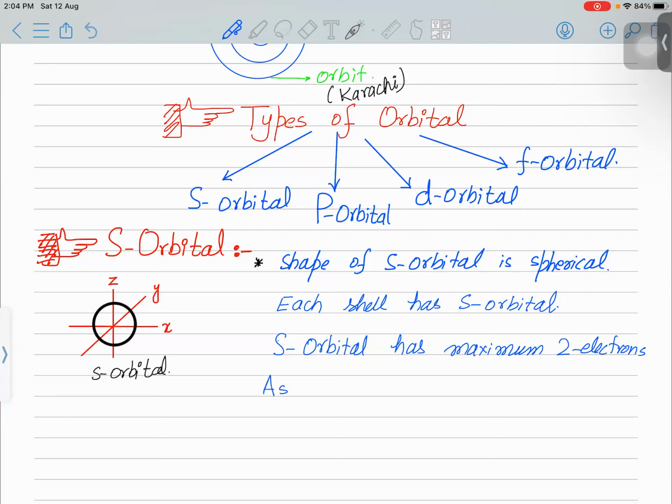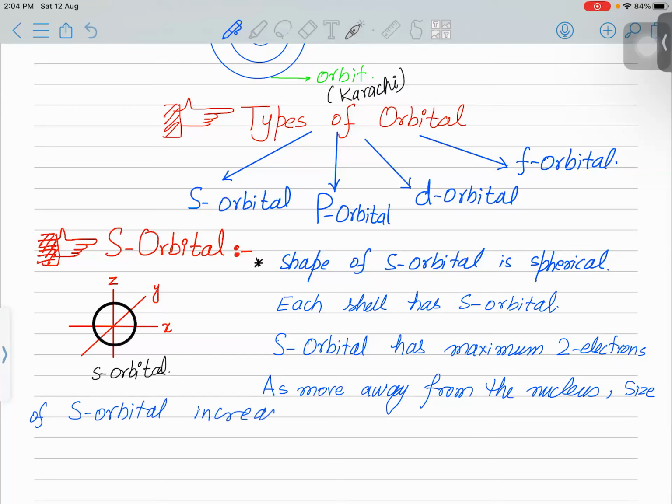Next point, as we move away from the nucleus, the size of s orbital increases.